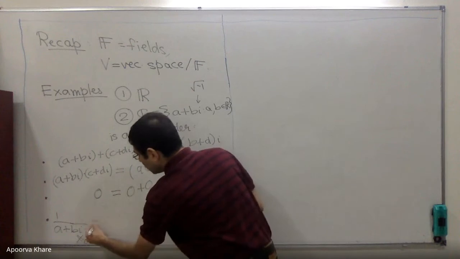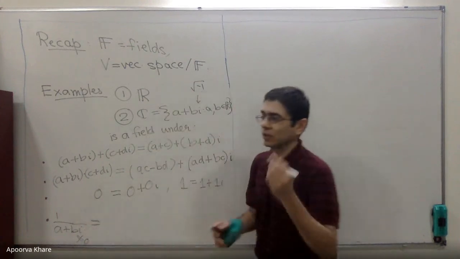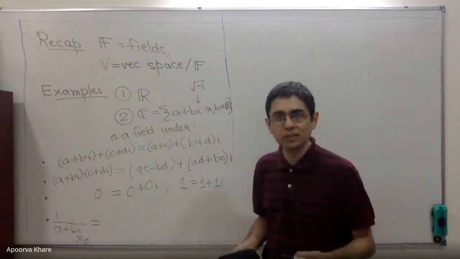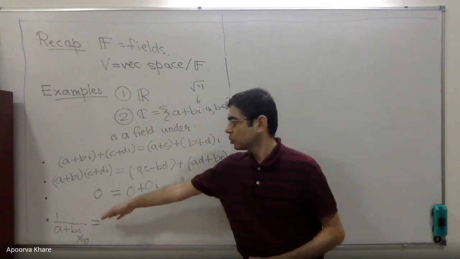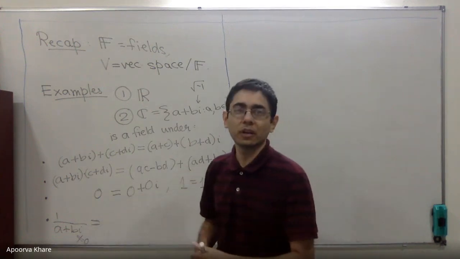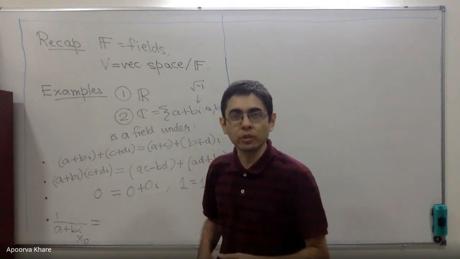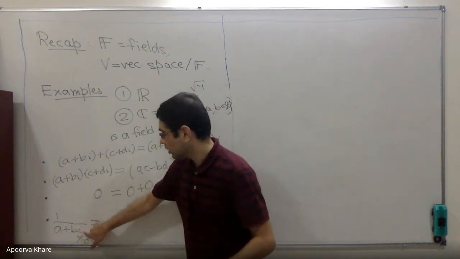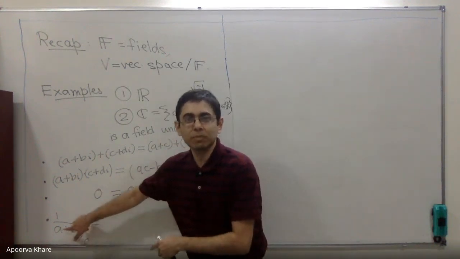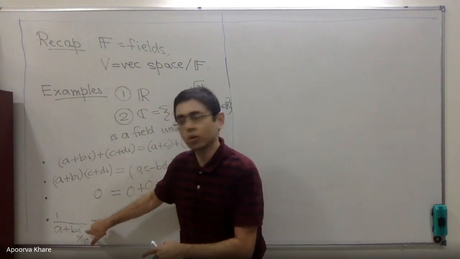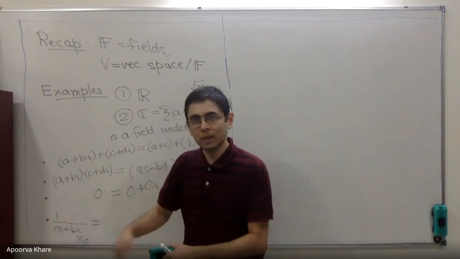Now, this is something you have seen. Even if you haven't seen complex numbers, you have seen how to simplify this by multiplying and dividing by the conjugate. And the reason you say conjugate is that this is also a square root: a plus b root minus 1, the conjugate is a minus b root minus 1.